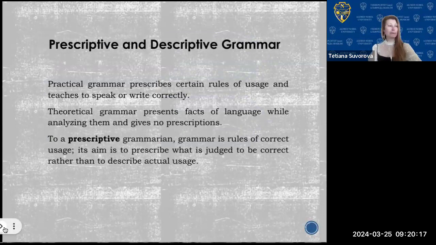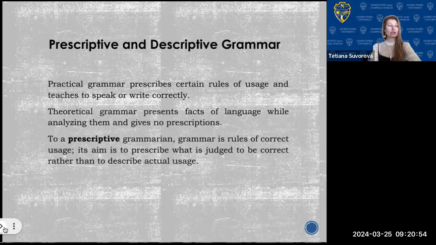Well, in a few words, to sum up this slide, we should differentiate the two grammars in respect of the theoretical grammar standing over and describing, even the prescriptive grammar describing, yes, so analyzing, for example, comparing two schools and their vision of language in respect of grammar.